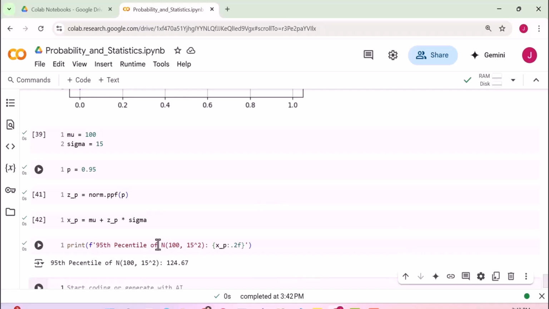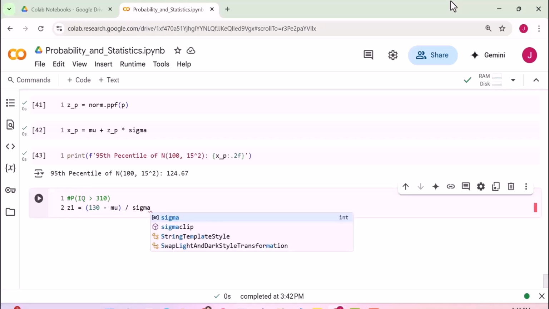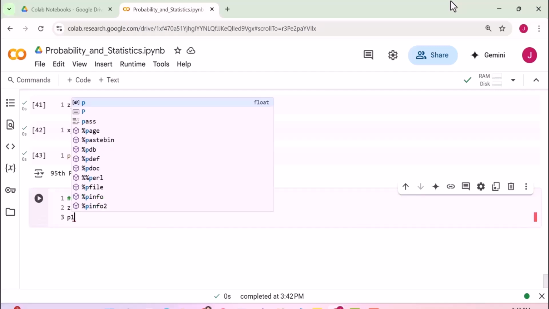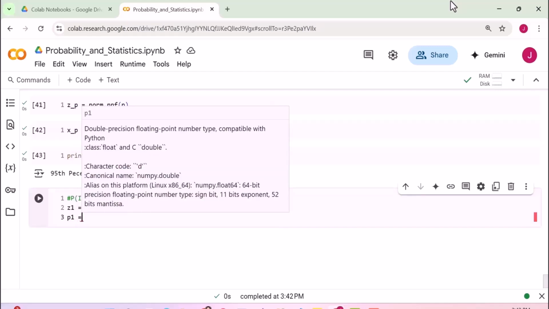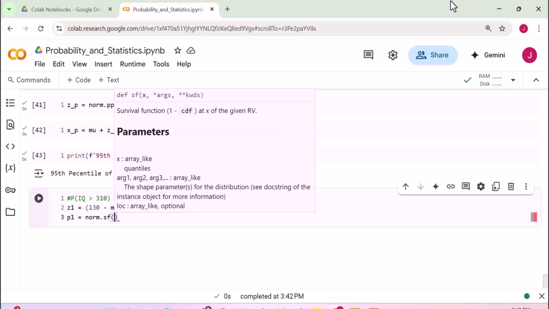So it is 124.67. I want to find the probability of IQ greater than 130. In here, I go for z1 equal to 130 minus mu divided by sigma. And here, p1 is equal to 1 minus norm.cdf, or the survival function of z1.